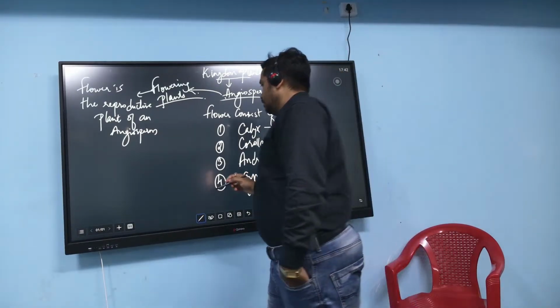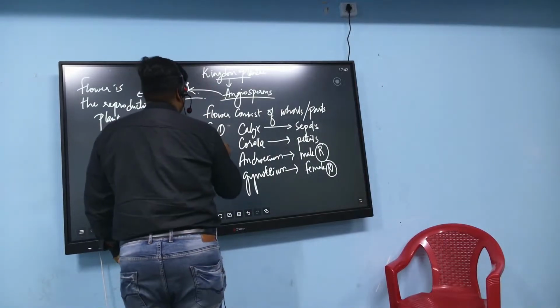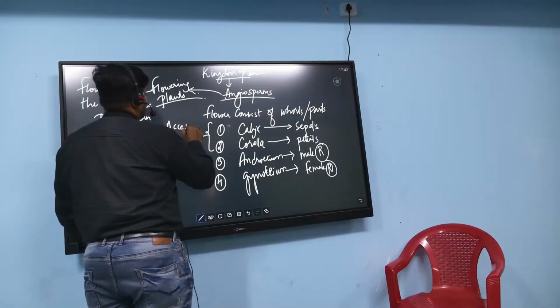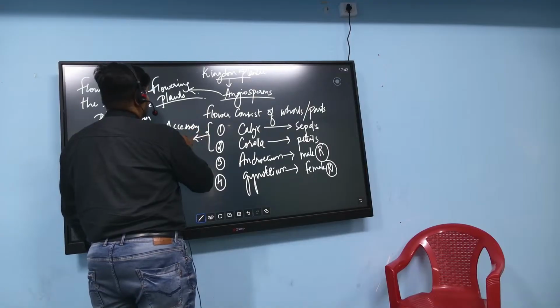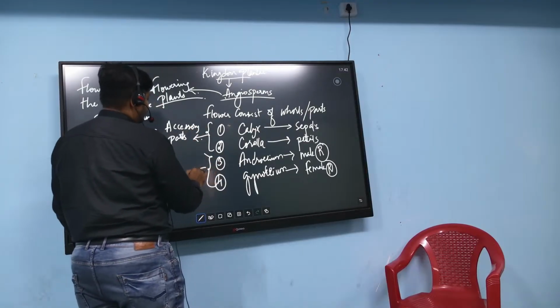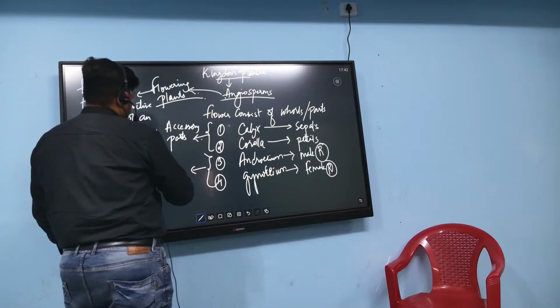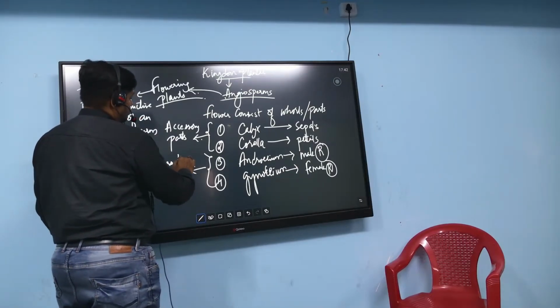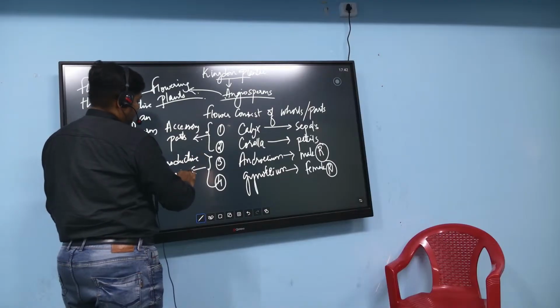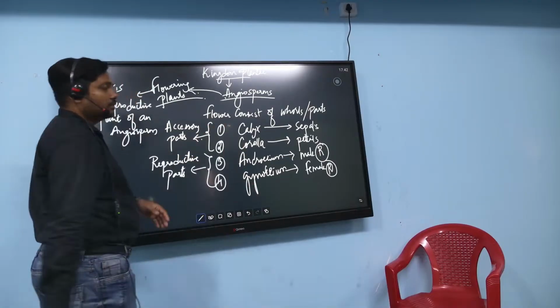So the calyx and corolla are called accessory parts, and androecium and gynoecium are reproductive parts. Did you understand?